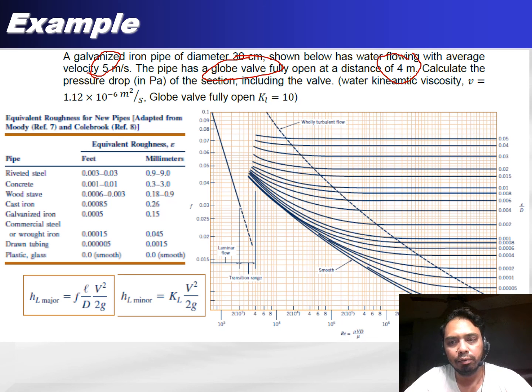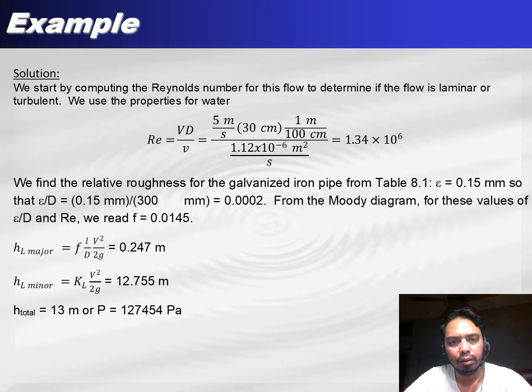So we can first calculate the Reynolds number. Over here we obtain a Reynolds number of 1.34 times 10 to the power of 6, which is in the turbulent region, so we have to use the Moody diagram or the Haaland equation to calculate the major head loss.